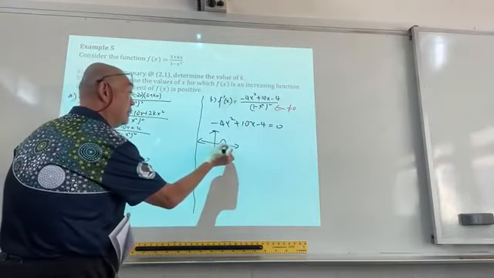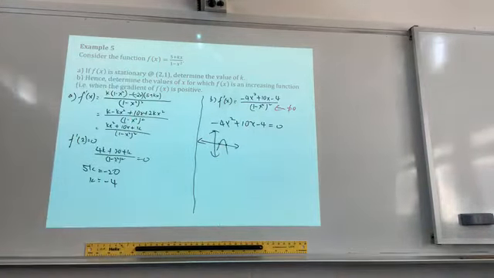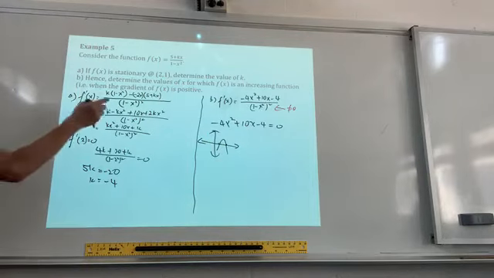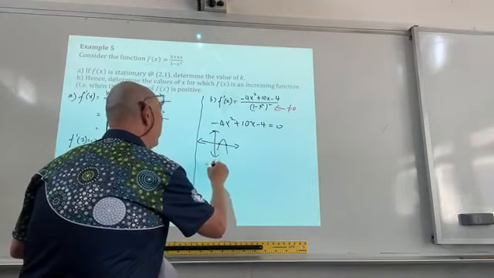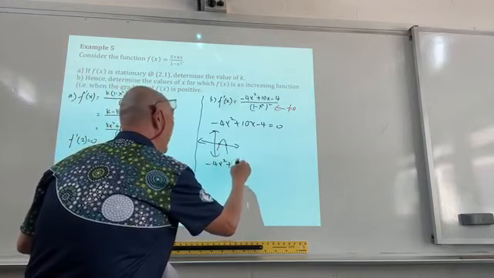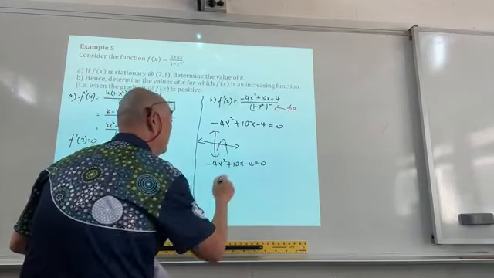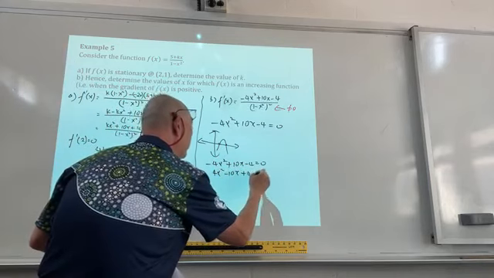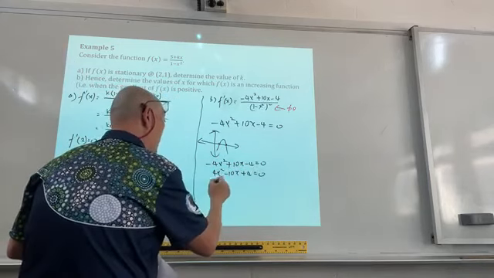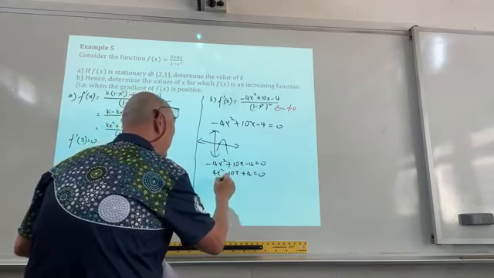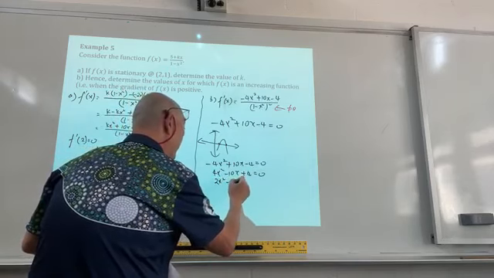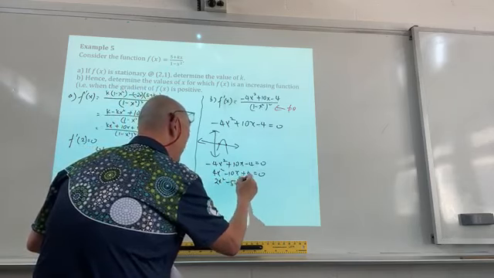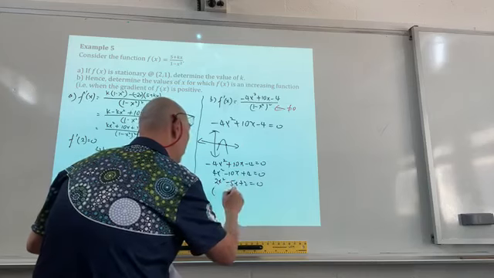Between the two roots. So can you do that then? You've got minus 4x squared plus 10x minus 4 equals 0. So 4x squared minus 10x plus 4 equals 0. So solving that, 2x squared minus 5x plus 2 equals 0.